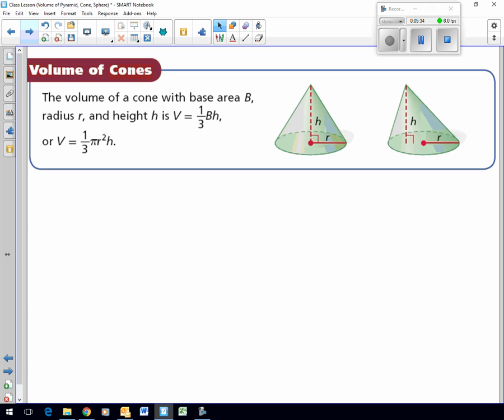Same formula, 1/3 big base times height, but in this particular instance, pi radius squared is how you'll find the big base. With me on that? Okay, so 1/3 big B times H is still the formula, but in this instance, you might as well just get ready because you're going to be using pi times radius squared to find your big B.